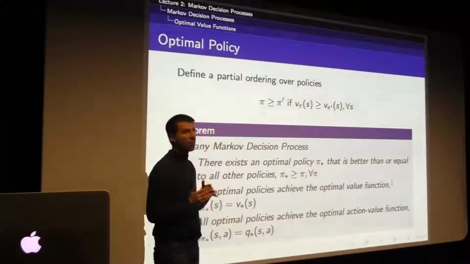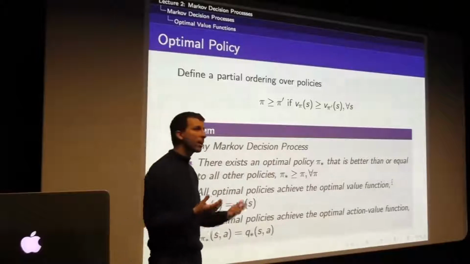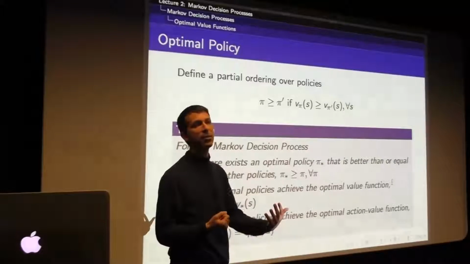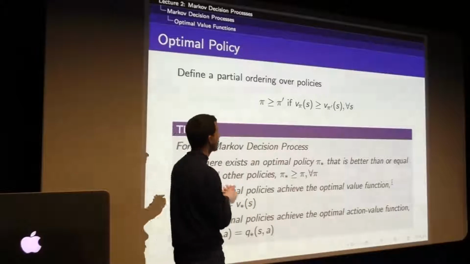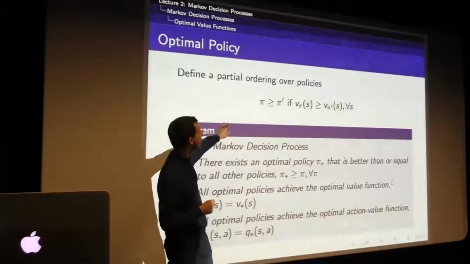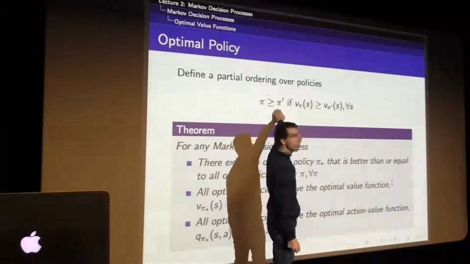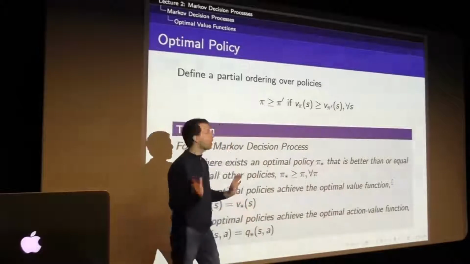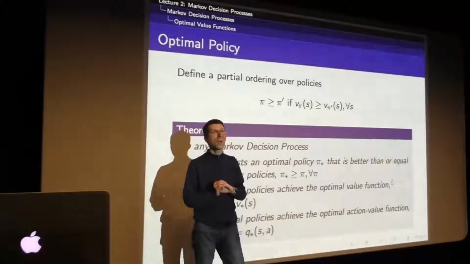And so to understand what it means to be optimal, we need to define a notion of optimality. And to do that, we need to know what it means for one policy to be better than another policy. And so what we do is we define a partial ordering over policies. So this partial ordering basically tells us, let's consider 2 policies, pi and pi prime. So these are 2 arbitrary policies. And we're just going to define this greater than or equal to operator.